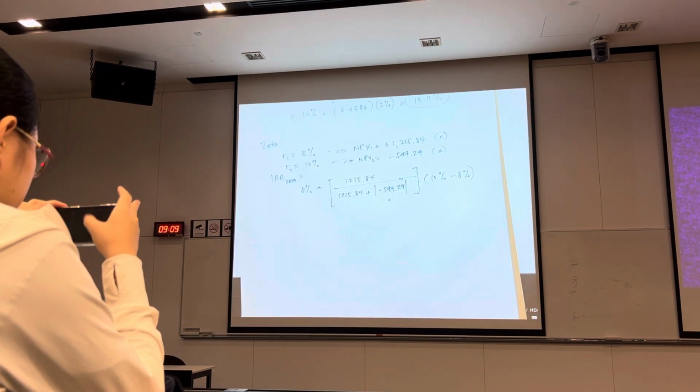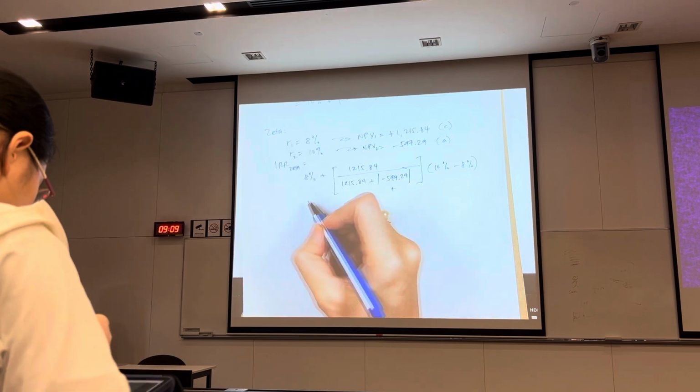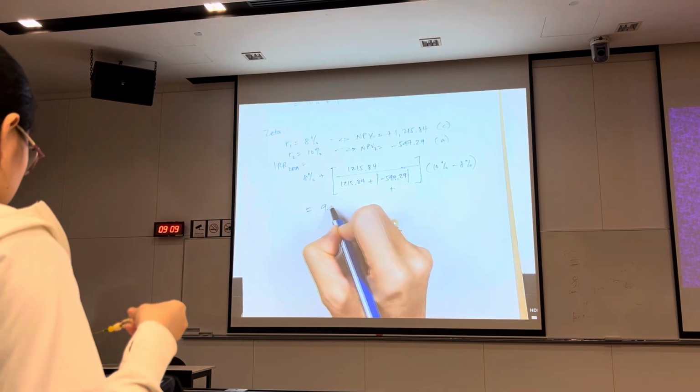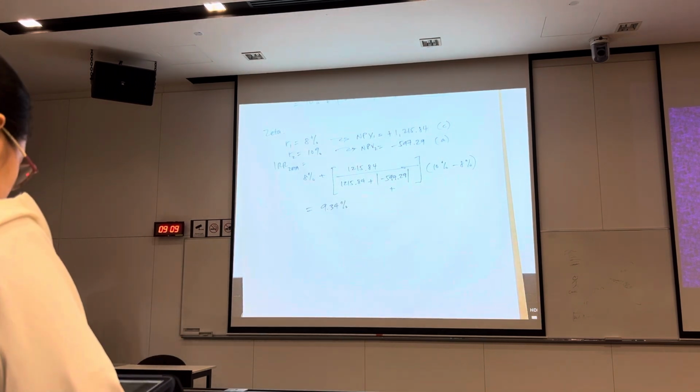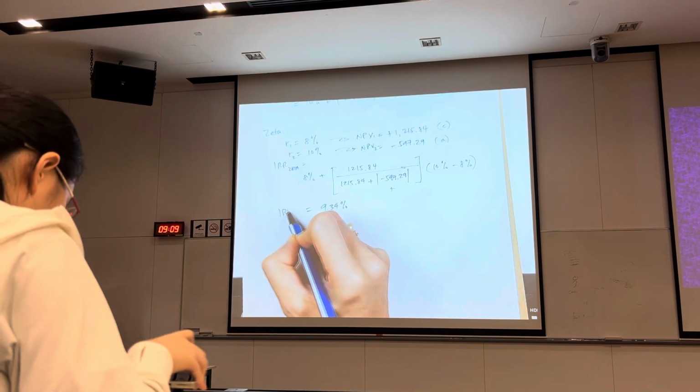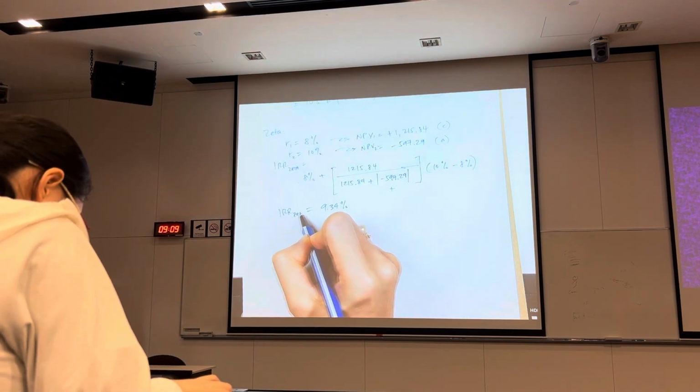There, what you will get is basically 9.34%. So this is the IRR of project Zeta.